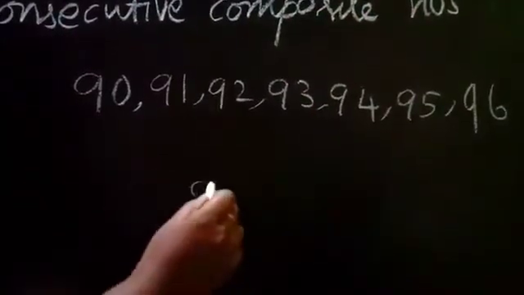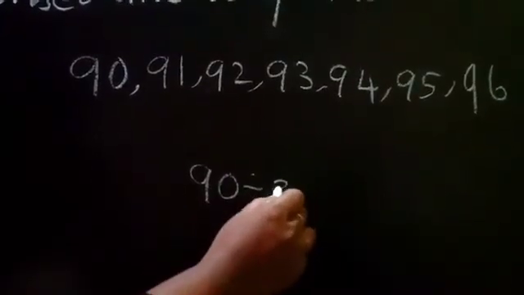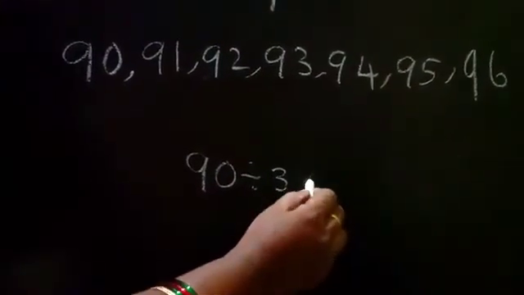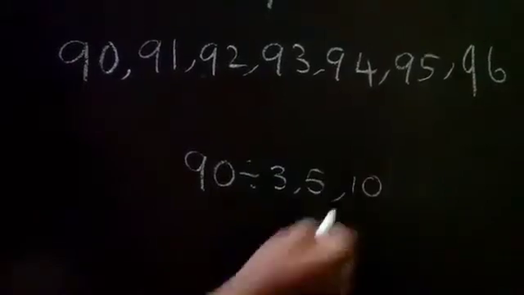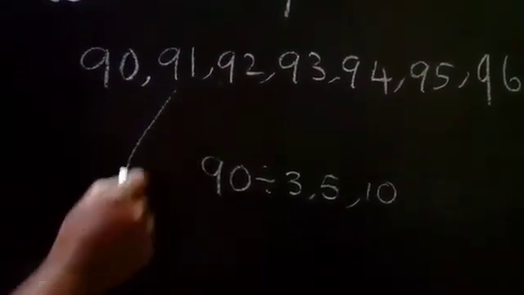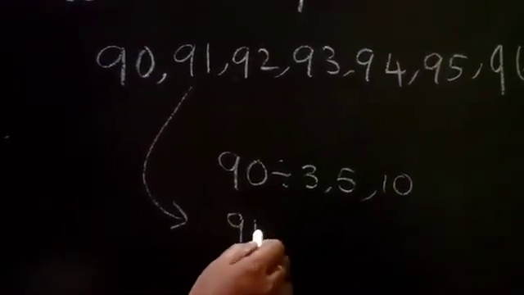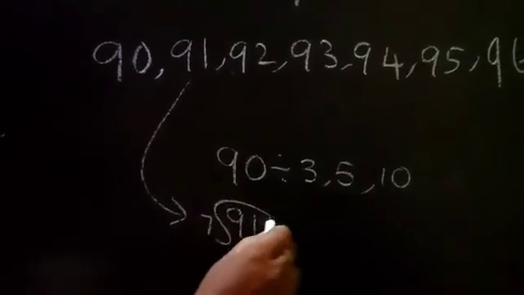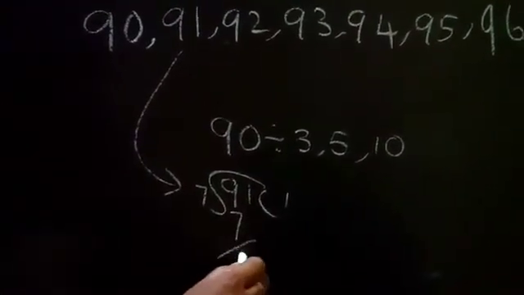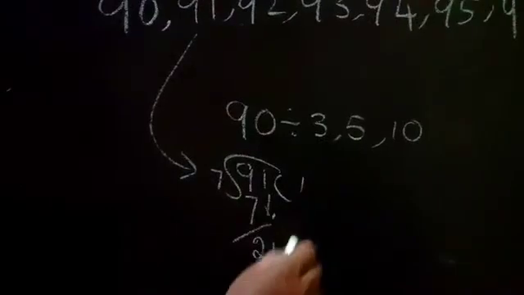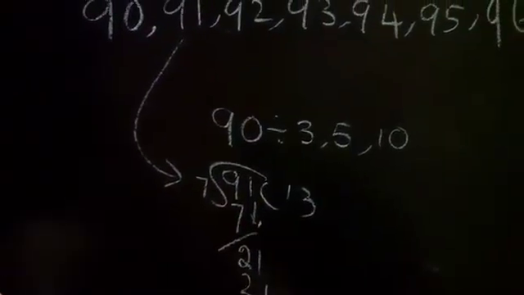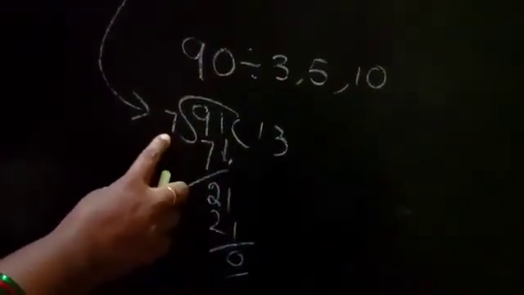Now 90 can be divided by the third table, fifth table and 10th table. And 91 can be divided by the 7th table. 1 7s are 7, remaining 2. Again, 3 7s are 21. So it can be divided by the 7th table.